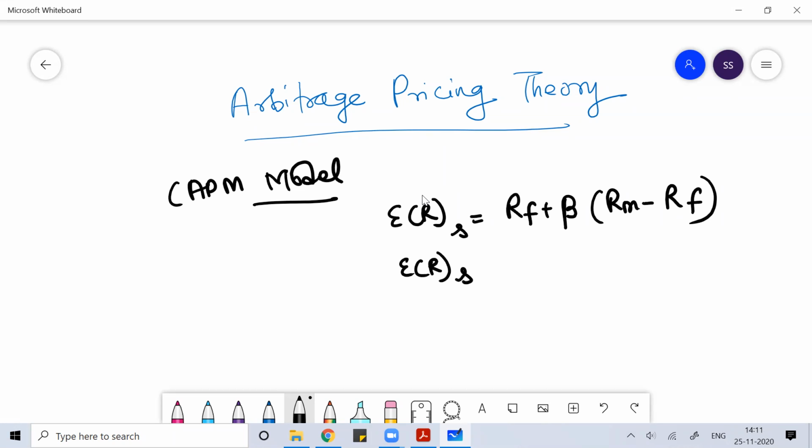So the expected return on a security is RF plus beta. In place of beta, I can write the covariance between stock and market divided by the variance of market, into (RM minus RF).